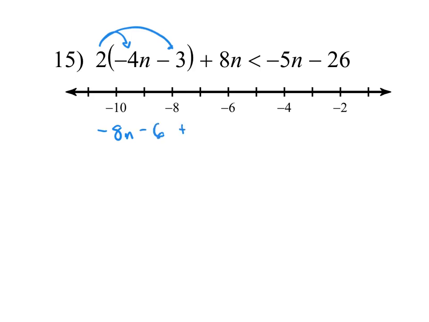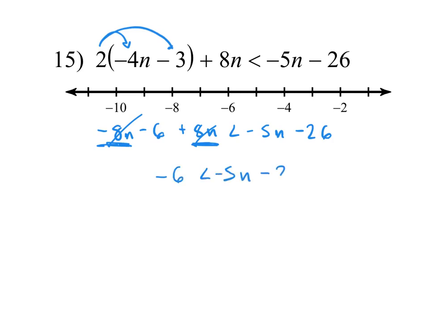Plus 8n is less than -5n minus 26. Now we combine our like terms. So what is -8n plus 8n? We're combining these two terms here. 0, so they cancel out. So we have -6 is less than -5n minus 26.